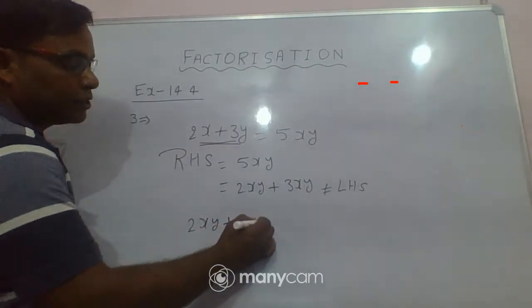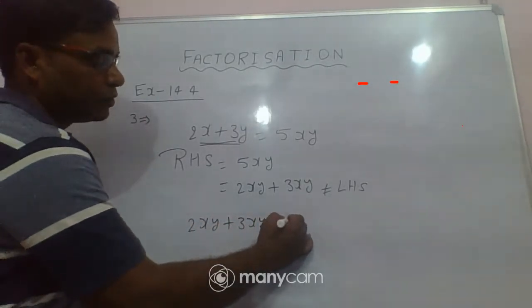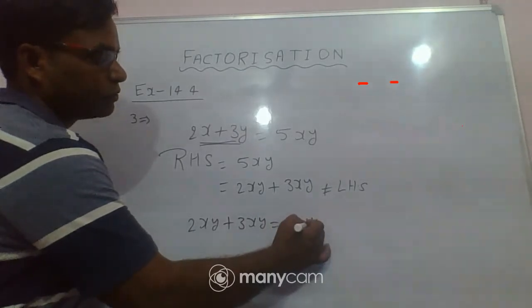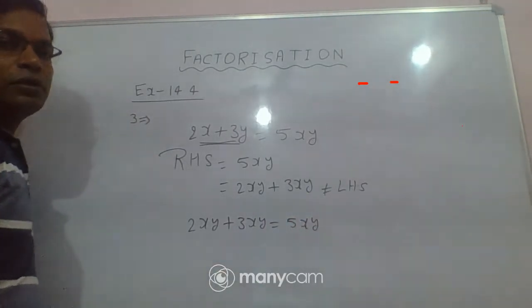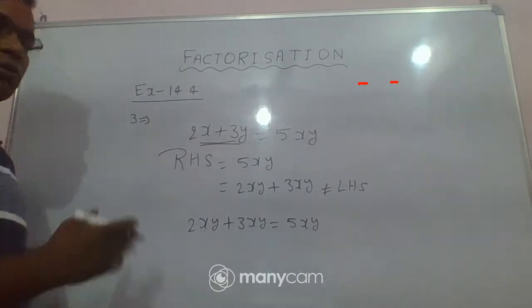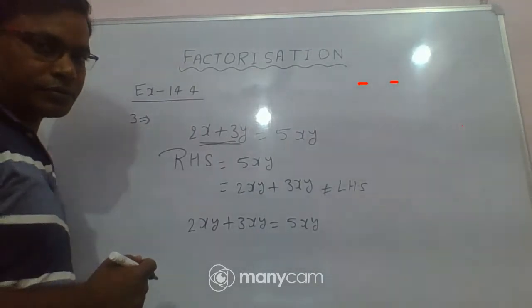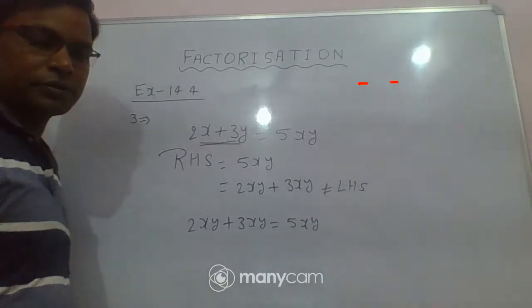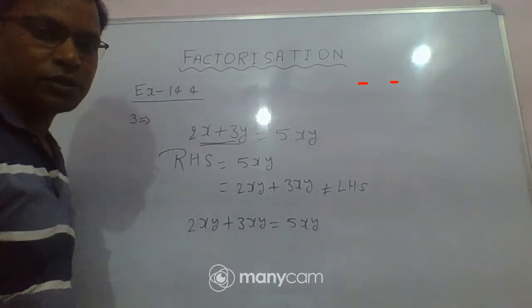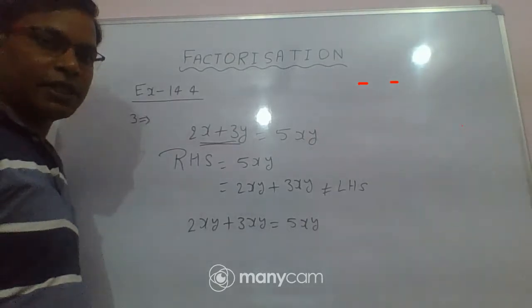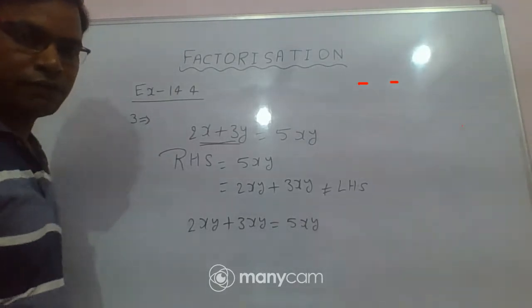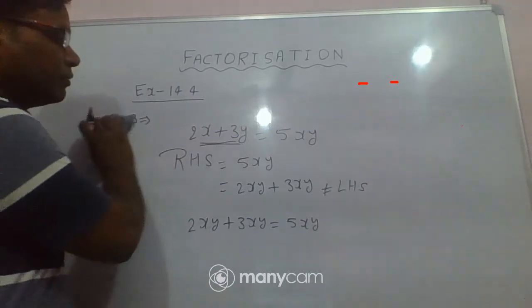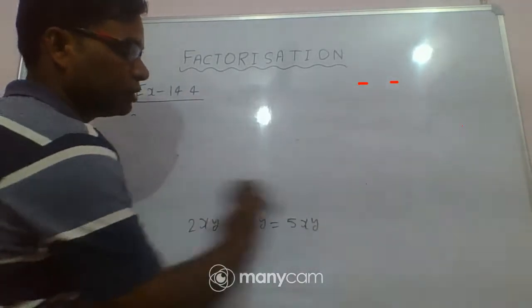According to the right hand side, our correct statement is 2xy plus 3xy is equal to 5xy. So in this way both are right. Clear?